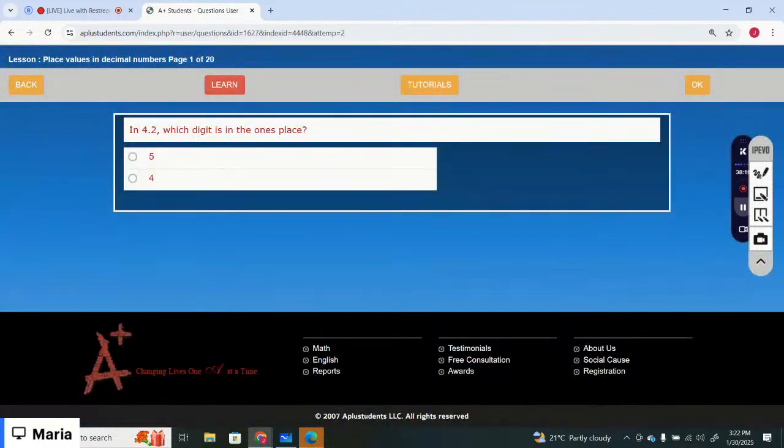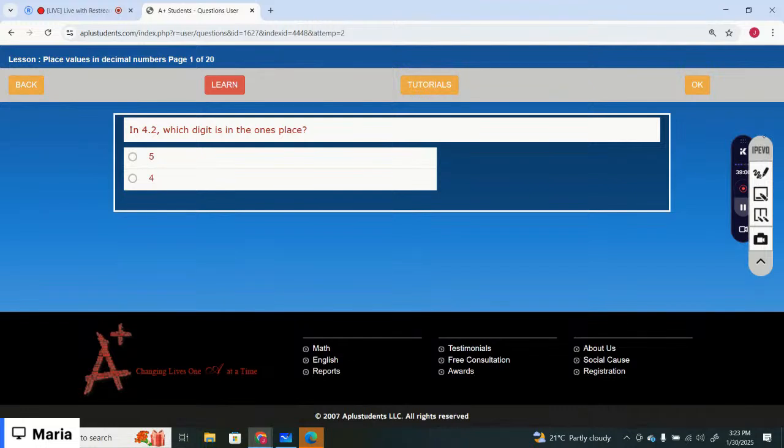Let's just start with the test questions. In 4.2, which digit is at the ones place?